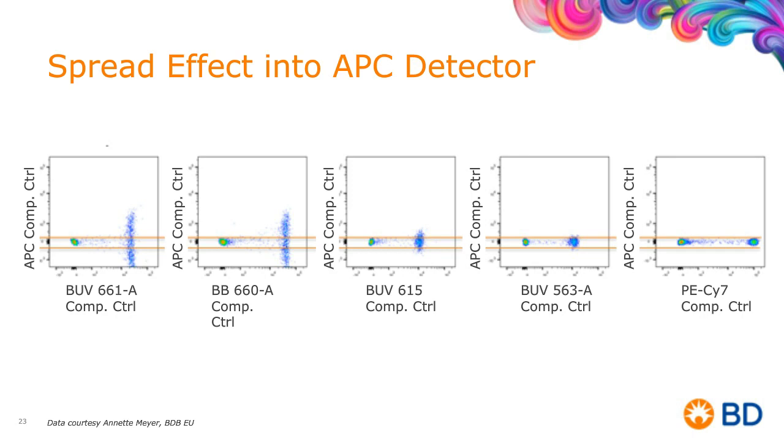So if we look at the PE-Cy7, well, that's real clean. And so is BUV563. But as we move more in that 600 range, we begin to see a little bit of spread, all the way to a lot of spread. Now, please note on this that there are some prototype dyes that are also inside this deck.